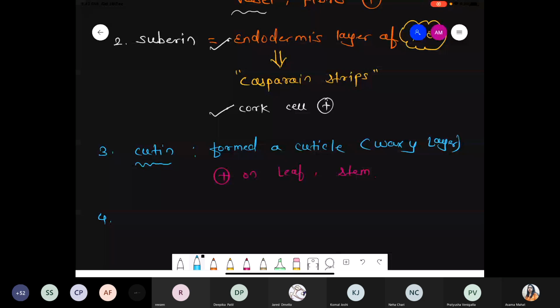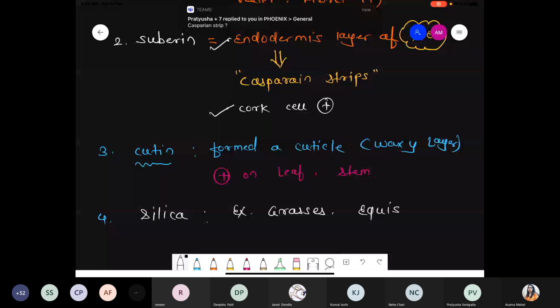That's it. Next one we are talking about, in some plants silica also gets deposited. Silica. An example for silica, obviously you know very well, is grasses, and another one is Equisetum. Grasses as well as Equisetum, right?